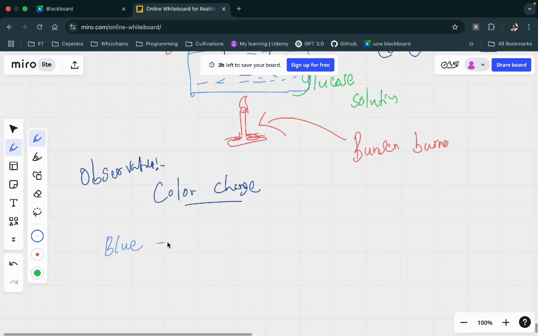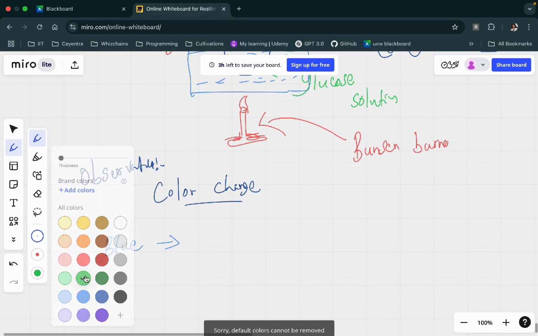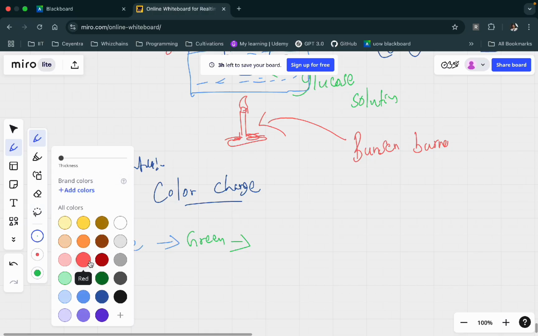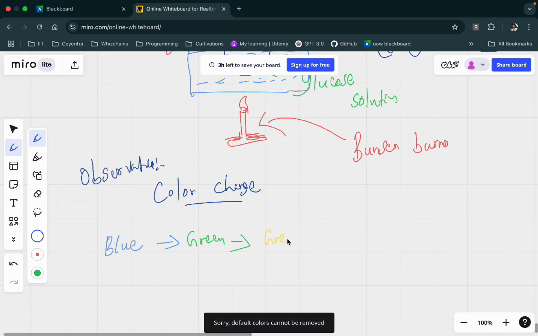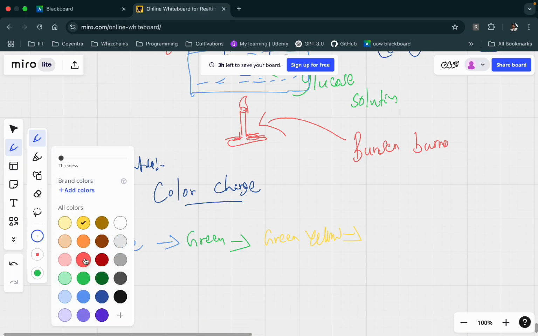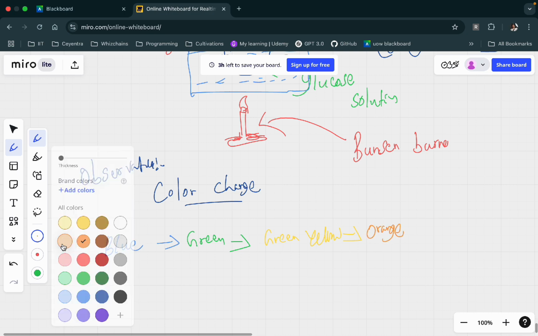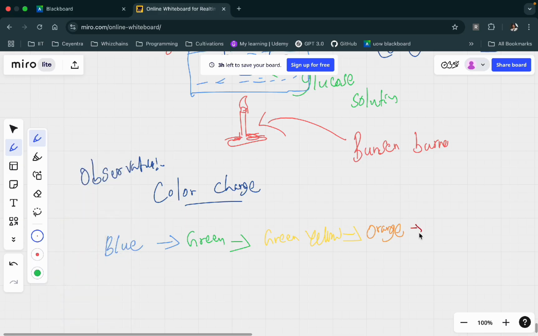Blue, then green, then green yellow, then orange, then brick red precipitate.